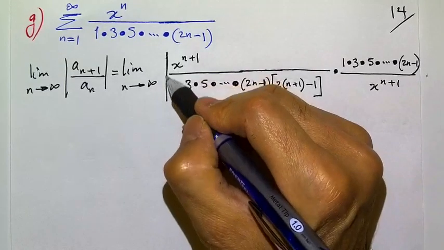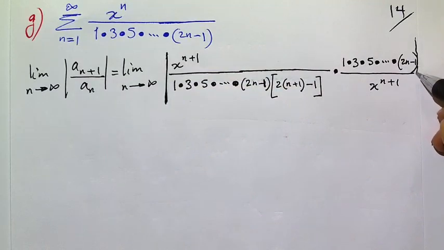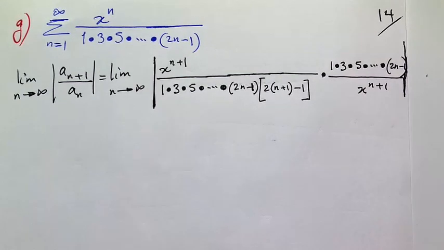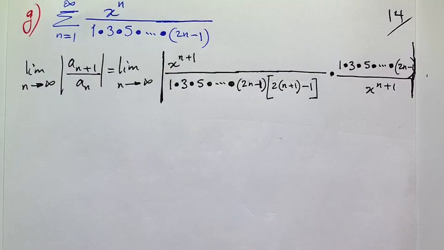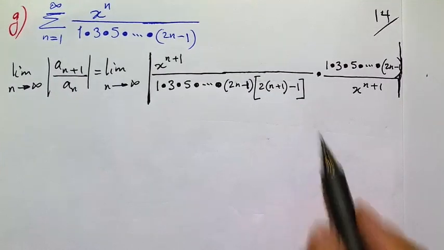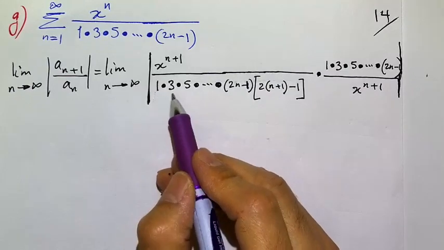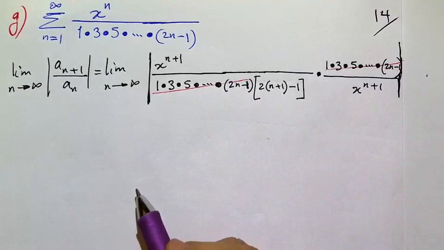So this absolute value on this side closes here. Okay, I was barely able to fit that there. Okay, so things will simplify, right? All of this and all of that simplify.